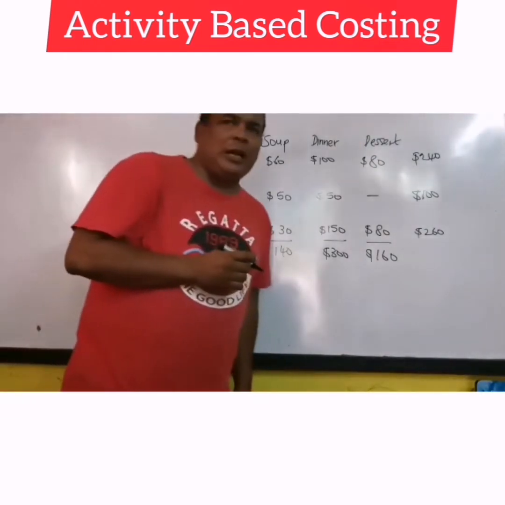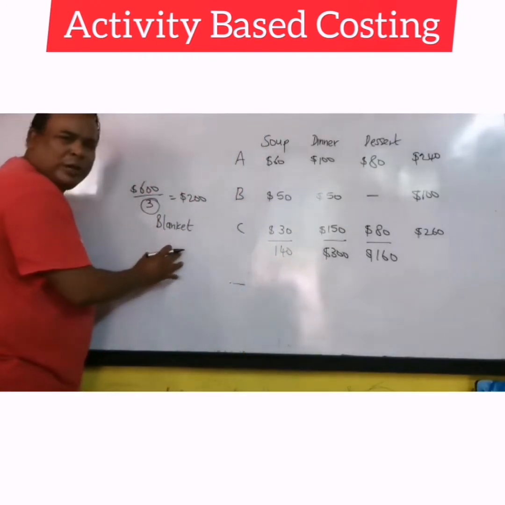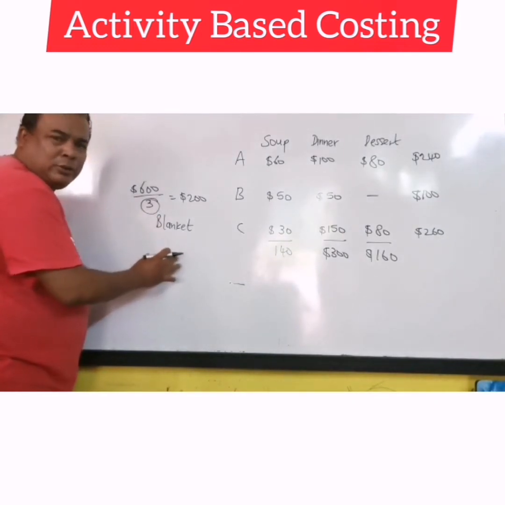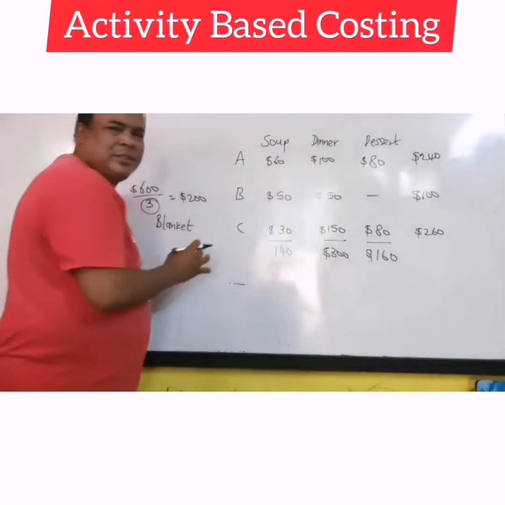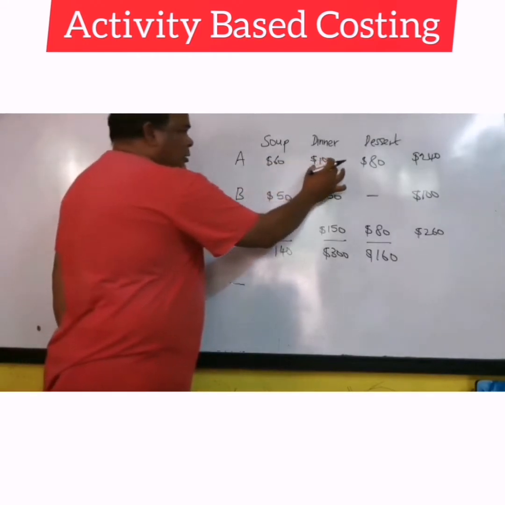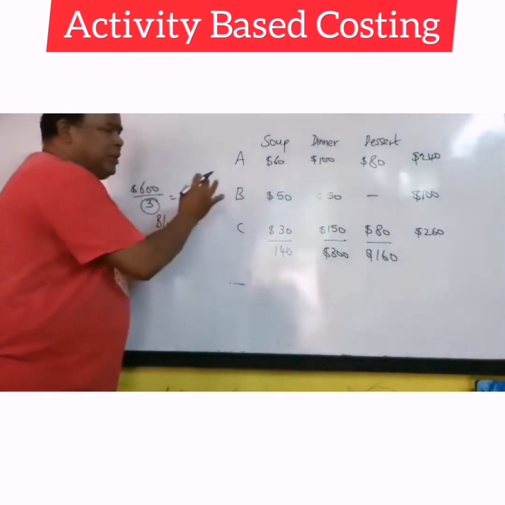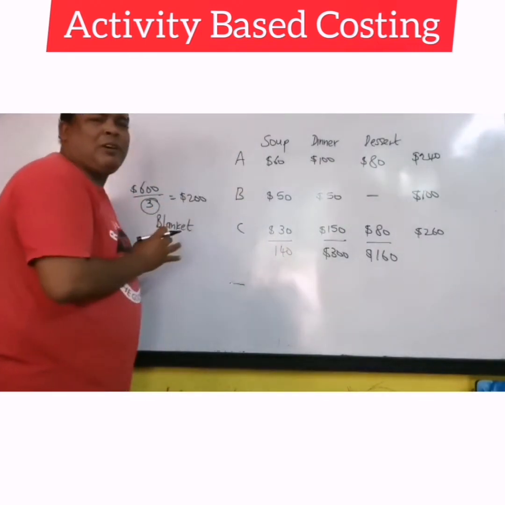So if we have to calculate cost per unit, we need to calculate it accurately. How could this cost per unit have been calculated accurately? If it was based on the number of activities. Soup $60, dinner $100, dessert $80. For each one, it was calculated based on the number of activities.